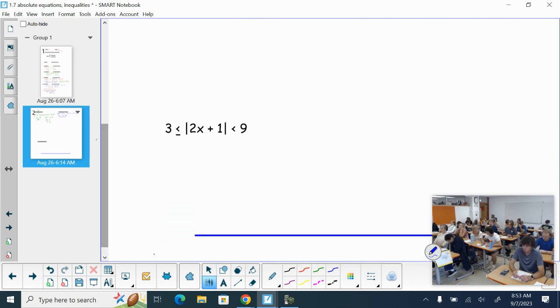I have a combo statement. Combo statement, absolute value in the middle. We still follow our same method. The positive side to the absolute value, we just drop the absolute value signs. So we still have 3 is less than or equal to 2x plus 1, which is less than the value of 9.